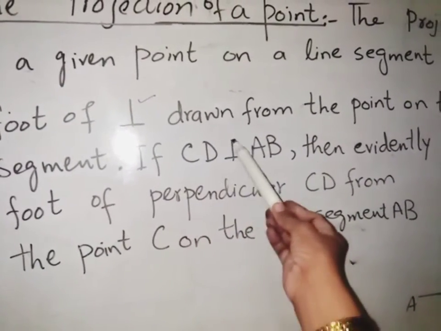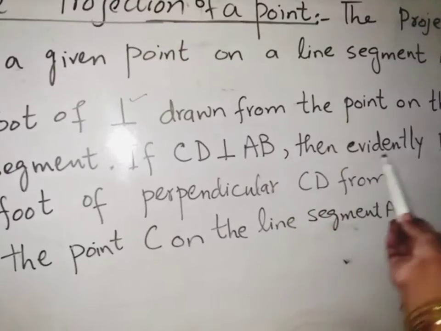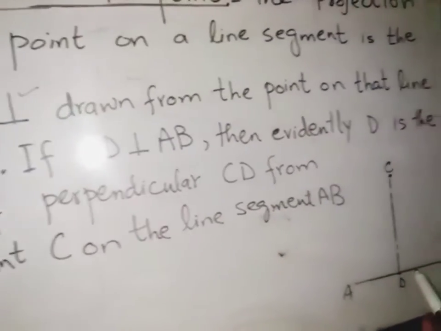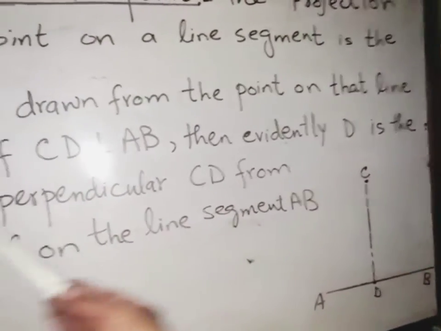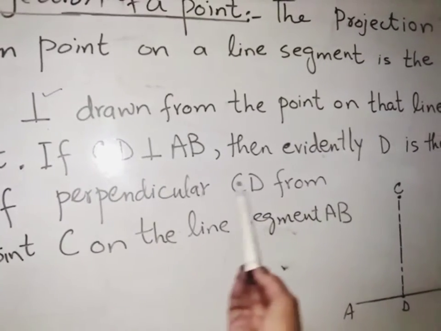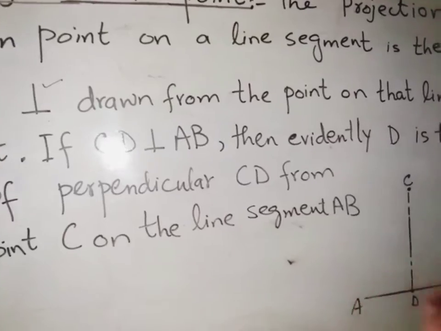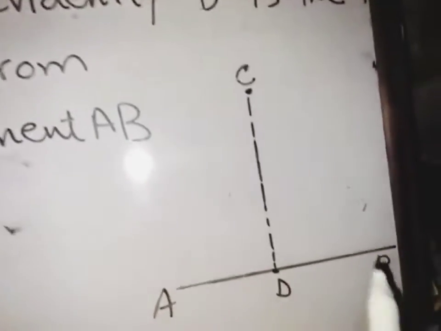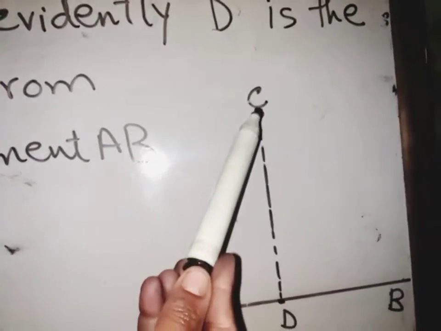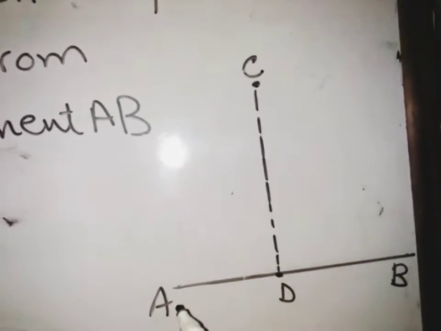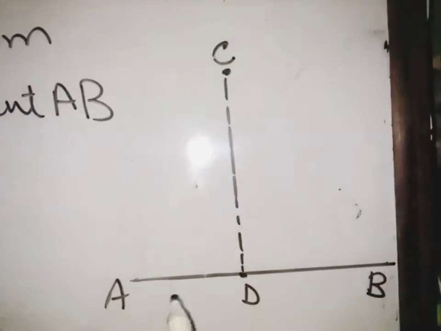If CD is perpendicular to AB, then evidently D is the foot of perpendicular CD from the point C on the line segment AB. Look at this figure. This is a point C and this is a line segment AB.